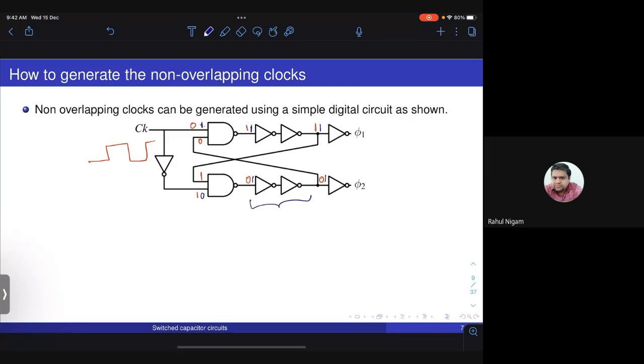So if the delay of these 2 inverters is tau, then for the period of these 2 inverters, the upper phi 1 doesn't change. After this becomes 1, then after some time this will become 0 and this will become 0. So there will be a delay of 2 inverters between the clock going from 0 to 1 here and the phi 1 going from 1 to 0.